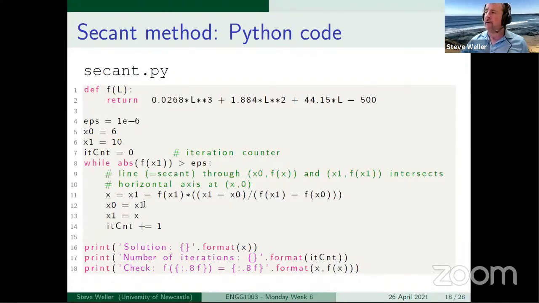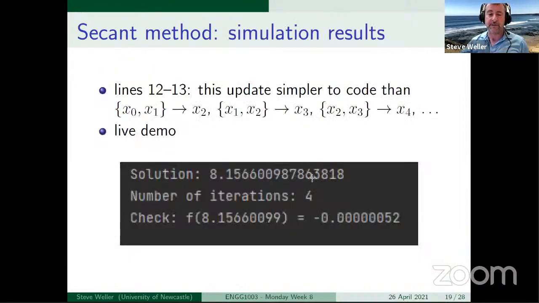Better to think of x0 and x1 as the 2 most recent values of x, rather than the initial values that they start off as here in lines 5 and 6, because x0 and x1 will both be updated. You can see them being updated in lines 12 and 13. And so when this code finishes, x0 and x1 are not their initial values. They've been updated. So that's the most subtle point of this code implementation.